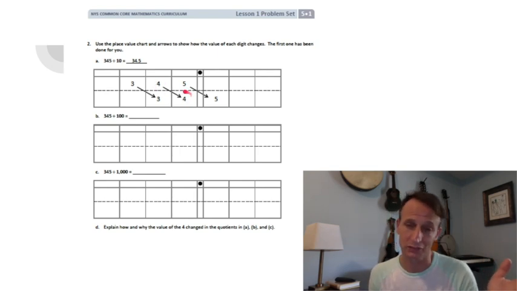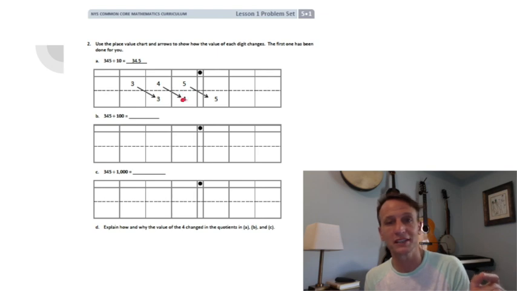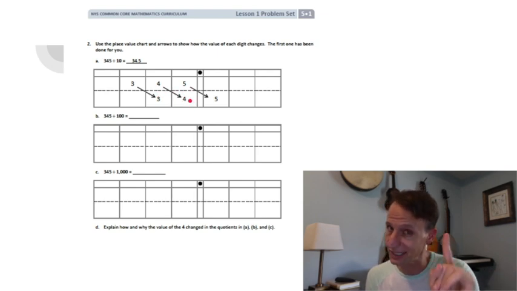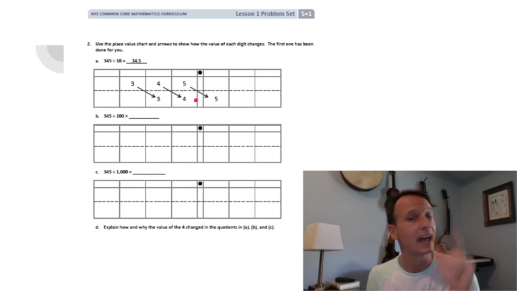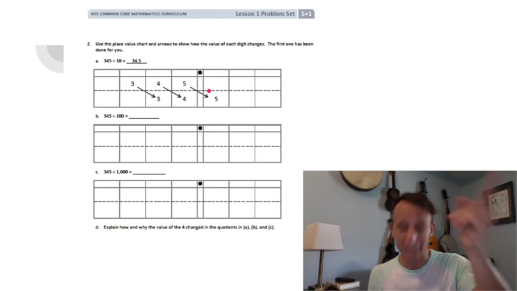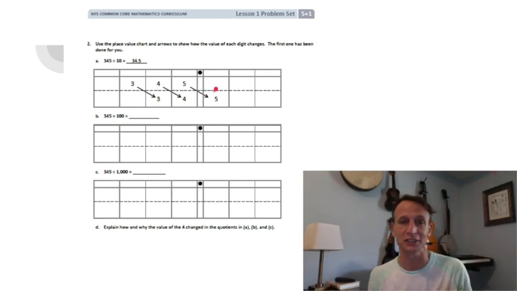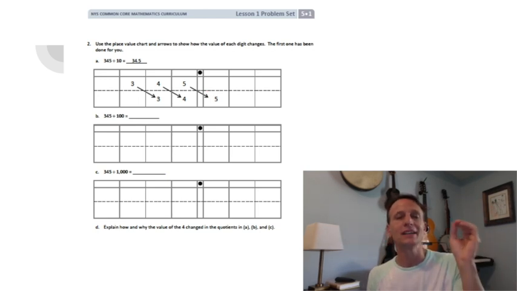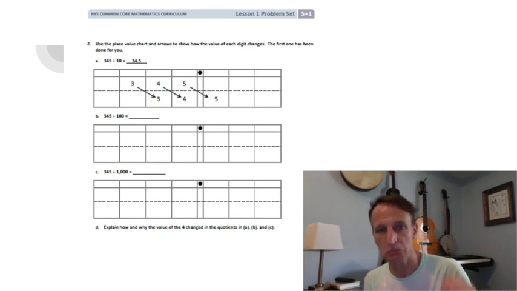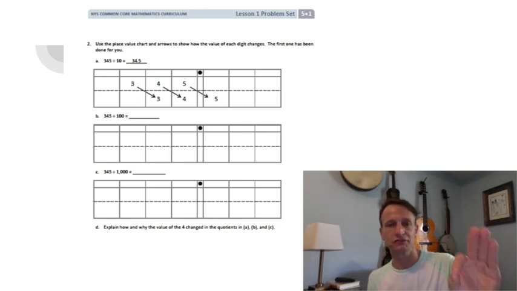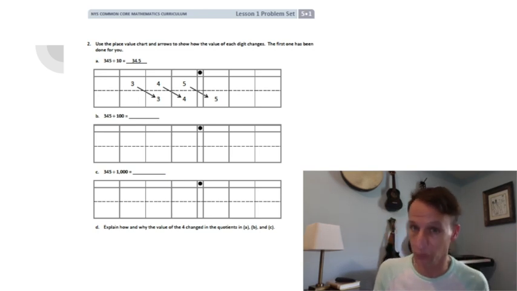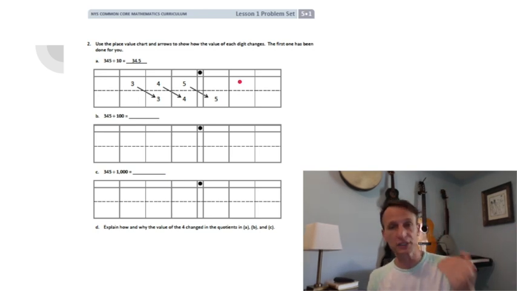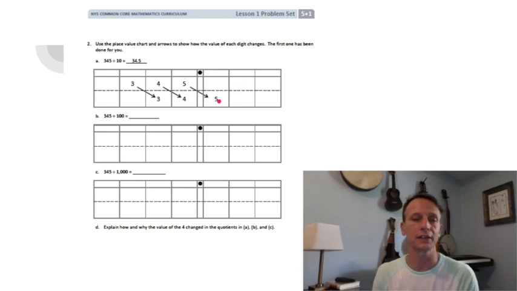Or actually, we're comparing 4 with 40. 4 is smaller than 40, isn't it? How many times smaller? It is, hallelujah, 10 times smaller. So you would say in A, the quotient 4 has a value 10 times smaller than the 4 in 345, whose value is 40. If you wanted to give a really complete answer, that's what you're looking at there.